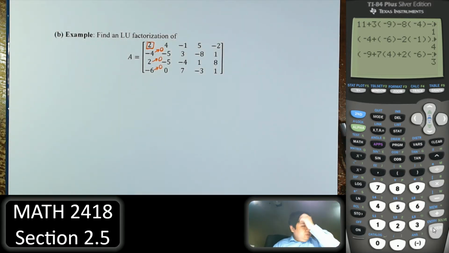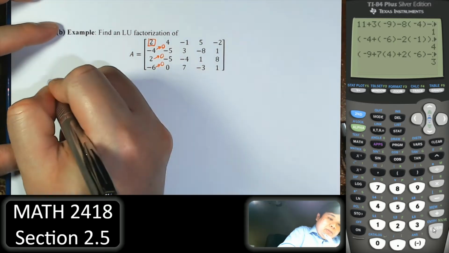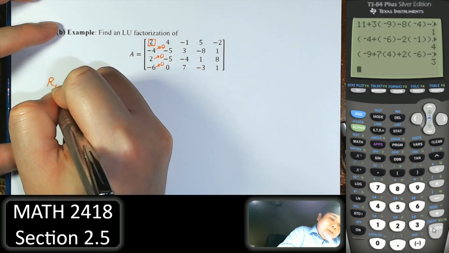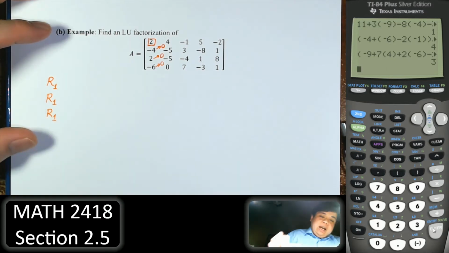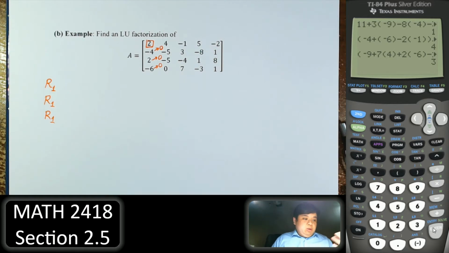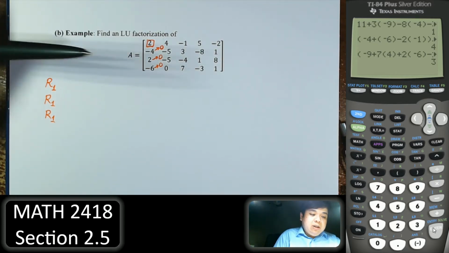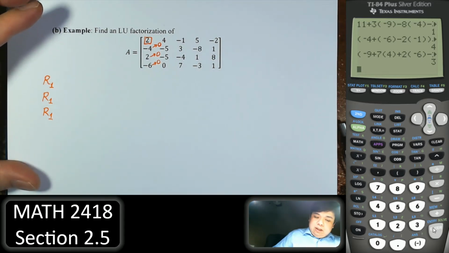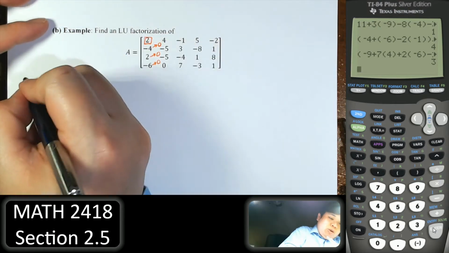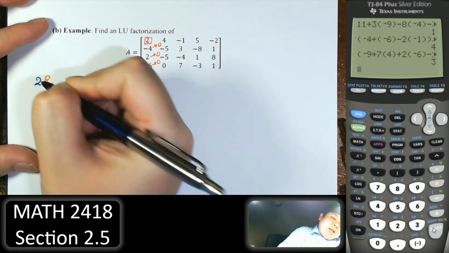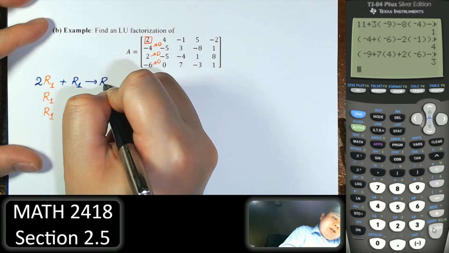So we're going to do 3 operations based on row 1, and in order to eliminate this, we have to multiply by something. Right, to eliminate negative 4, we multiply by 2, right? So 2 times 2 is 4, minus 4 is 0. So we're going to multiply by 2 here in row 1, and then add and replace into row 2.